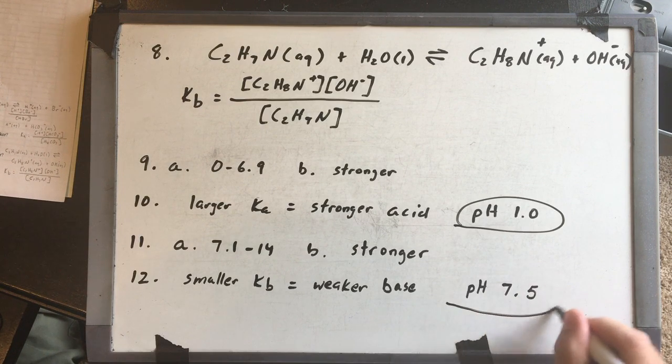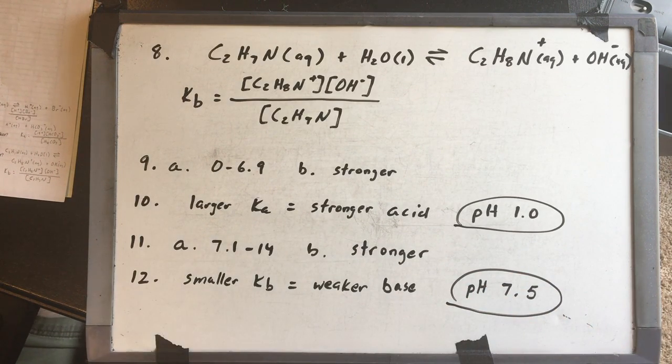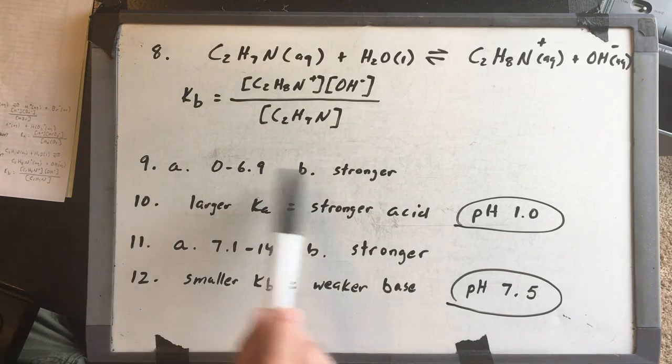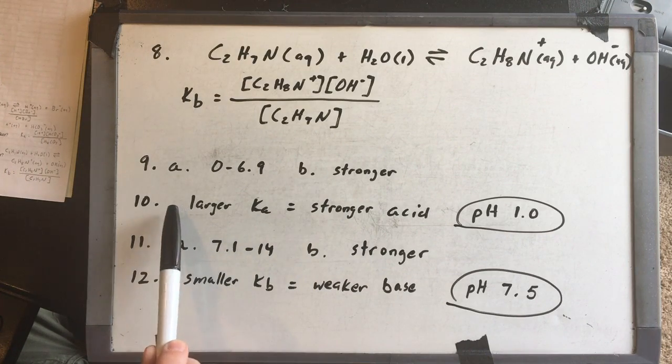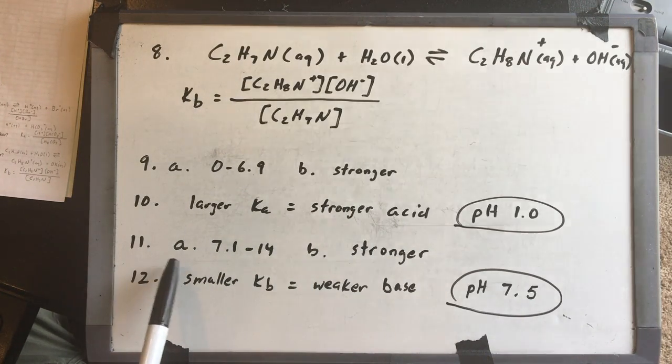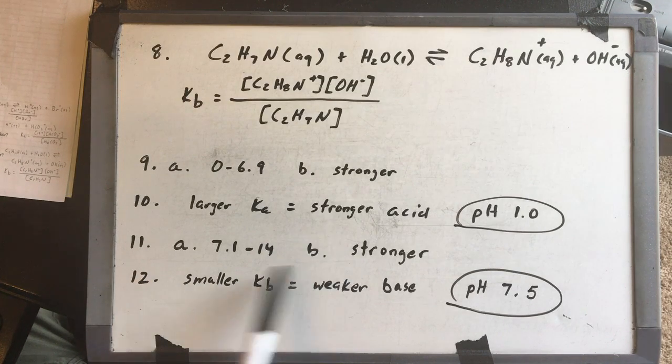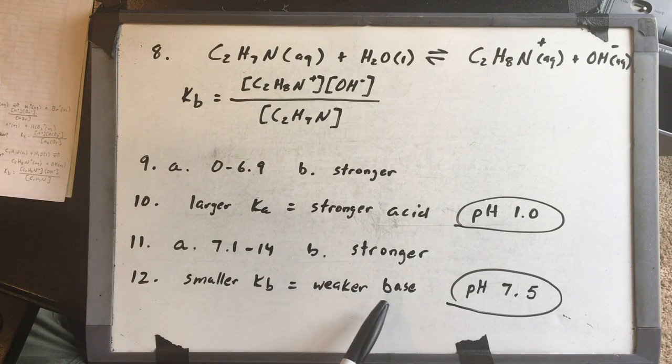That's the smaller of the two numbers, so that would be the smaller K sub B. Most people got that. Okay, each one of those parts is worth 4 points. So A is worth 4, B is worth 4. 10 is worth 4 by itself, it's just one part. On 11, A is worth 4, B is worth 4, and 12 is worth 4 by itself.